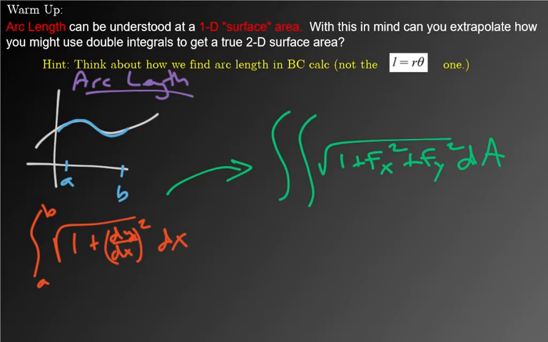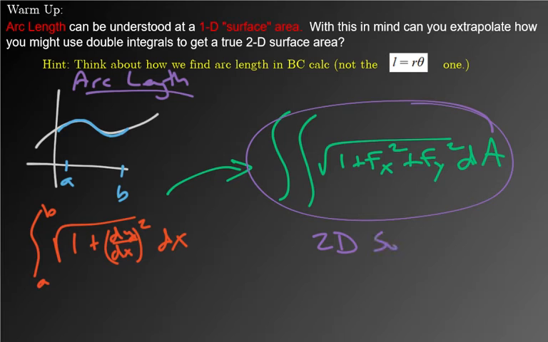This really is the true 2D surface area, but I wanted to show where that comes from. So just to sell you on why this actually works, there is a connection between these two.